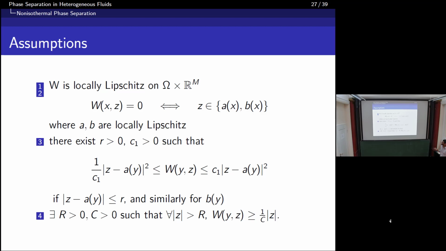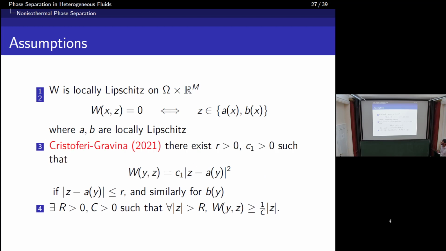And this time the non-isothermal portion is characterized by the fact that you have wells for two graphs, A of x and B of x, which are locally Lipschitz. And then the restrictions are that W is in between two quadratics, and then you have a coercivity result.